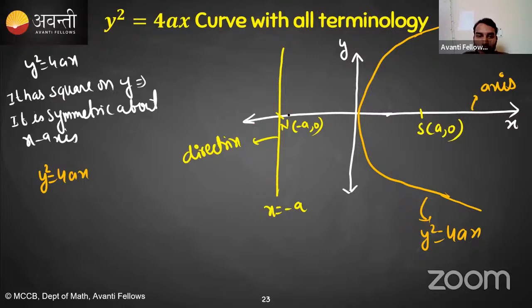Now this line x is equal to -a is perpendicular, yes or no? And what is this point? This is origin 0, 0, and also this is the point of intersection of the parabola y square equal to 4ax and the axis. So that's why this is known as vertex also. Is this clear, students?